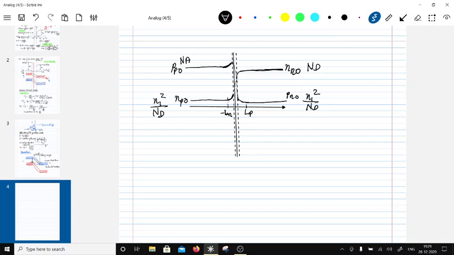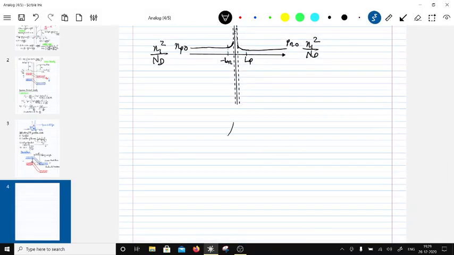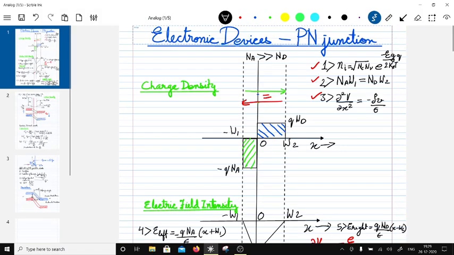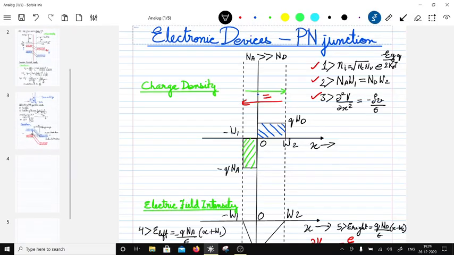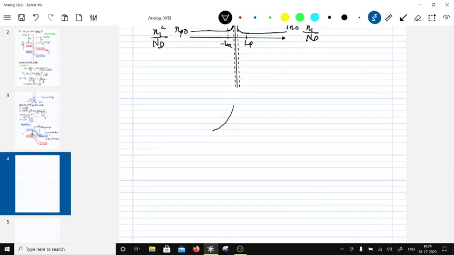So let's put that. Okay, so densities, we'll blow this up, so you can consider this to be like this, and over here, okay, so here it is minus ln, and this is equal to Ni square over Nd, and this side it is going to be NPO, which is again Ni square e raised to Vd over Vt.